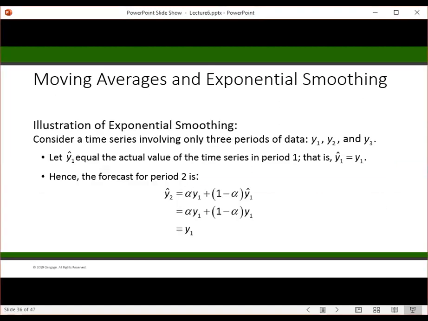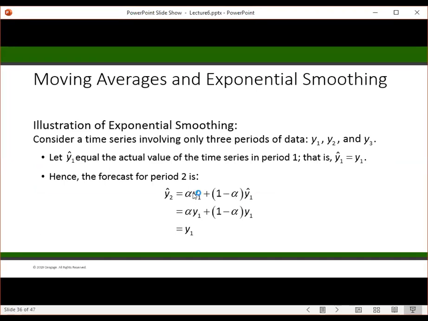And so here's an example of exponential smoothing. So the forecast value for y hat sub 2, the next time period, is going to be equal to our smoothing constant times A1 plus the damping factor times our estimate for Y1.